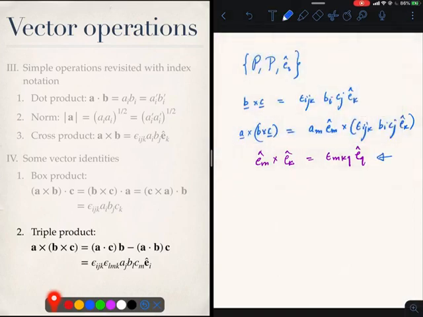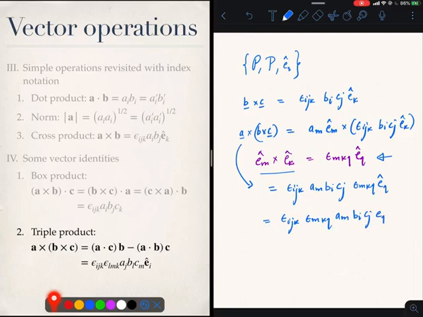Okay, this you check. So meanwhile this will become epsilon_ijk a_m b_i c_j, and then using this formula over there I will get epsilon_mkl e_l, which I can rewrite as epsilon_ijk epsilon_mkl a_m b_i c_j e_l.